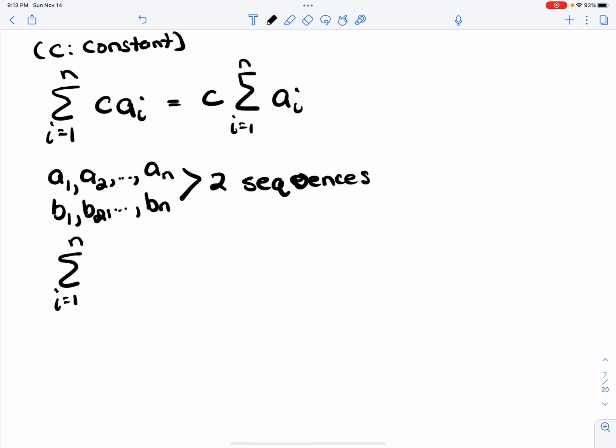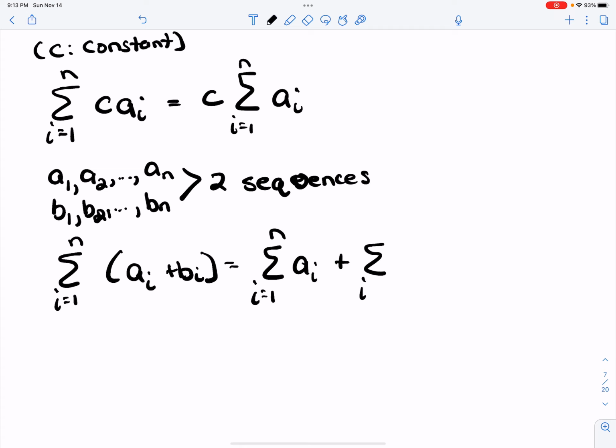If you have a summation of two sequences, you can break it up into two summations. As you think about it, it's all addition in this case.